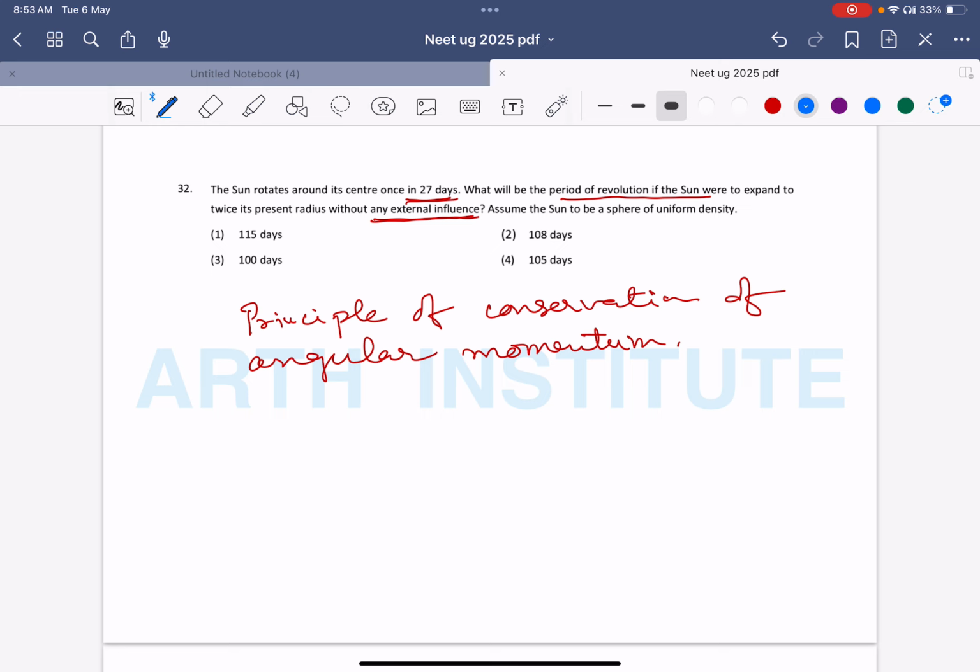Now, angular momentum is nothing but I1 omega 1 is equal to I2 omega 2, or I can say I1 by T1 is equal to I2 by T2, because omega is 2 pi by T, and as we are interested in T2, so T2 is equal to I2 divided by I1 into T1.